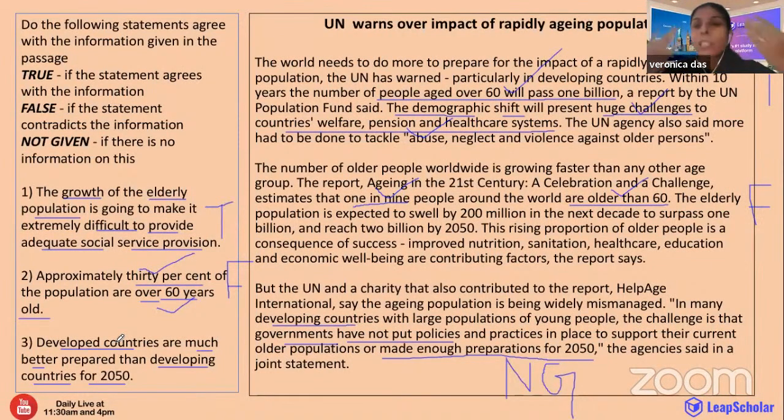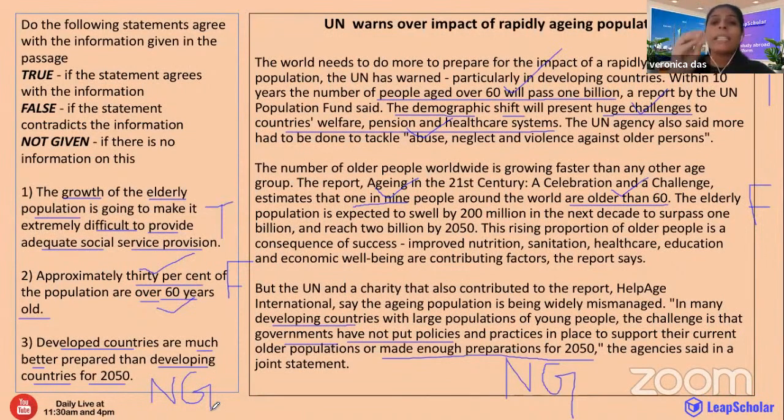It is an extra information which is not there. Part of the statement is missing, and therefore we will mark it as, fill in the blank. We will mark it as not given. Very good. See, sometimes logical reasoning with the paragraph itself is required.